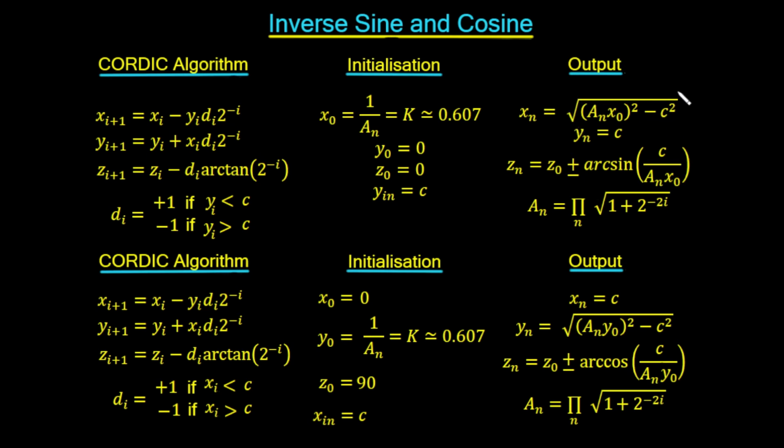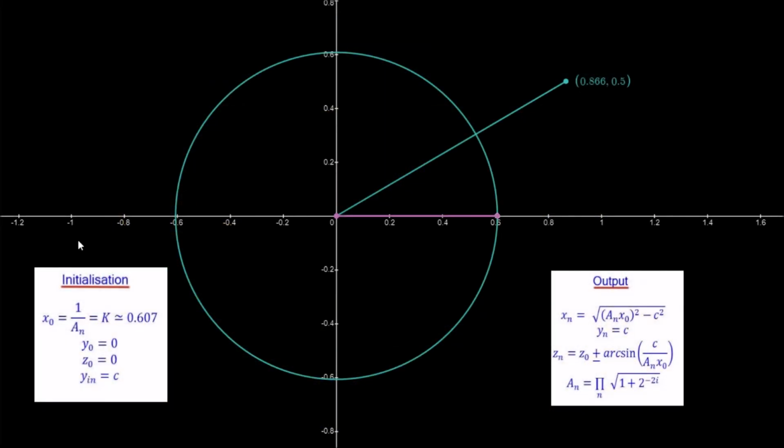So let's quickly have a look back and we'll see where this comes from in the diagram. I have added in the initialization and the output equations into the simulation. So for the initialization, we have x0 is the value 1 upon An, which is equal to the value for K, which is our 0.607. So this is this vector here.